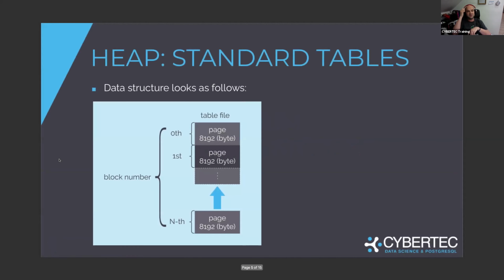The first thing you have to know is what the basic layout of a Postgres table is. Basically, a Postgres table is a collection of 8 kilobyte pages. And when we're talking about the standard vacuum, we have to keep in mind that vacuum is basically a block level operation. You will figure out a bit later what I mean by that.